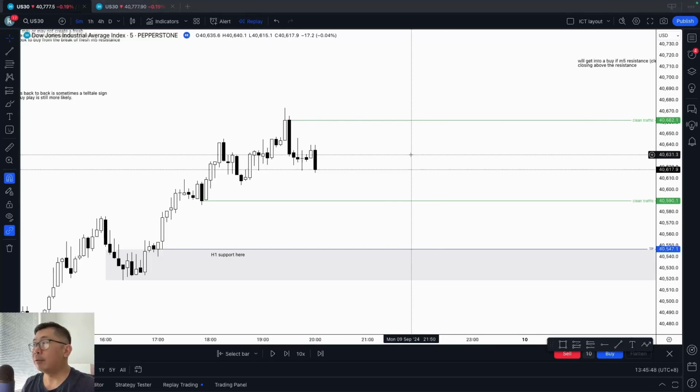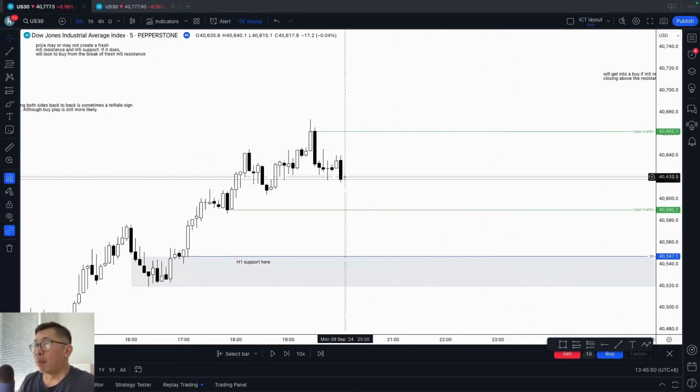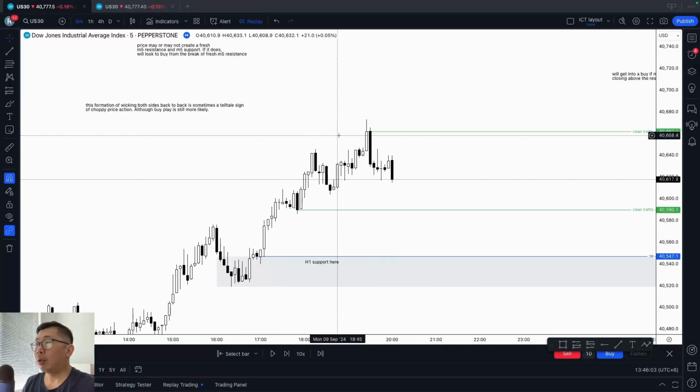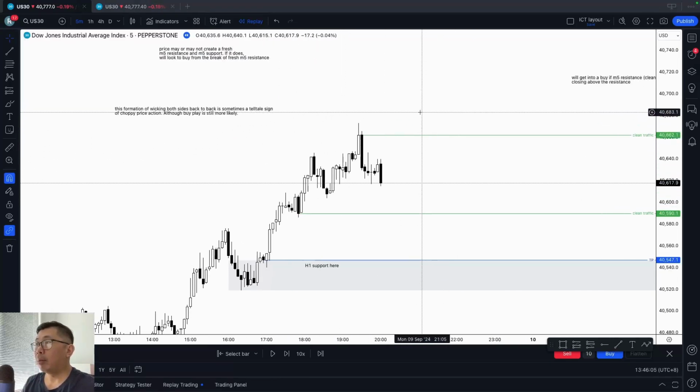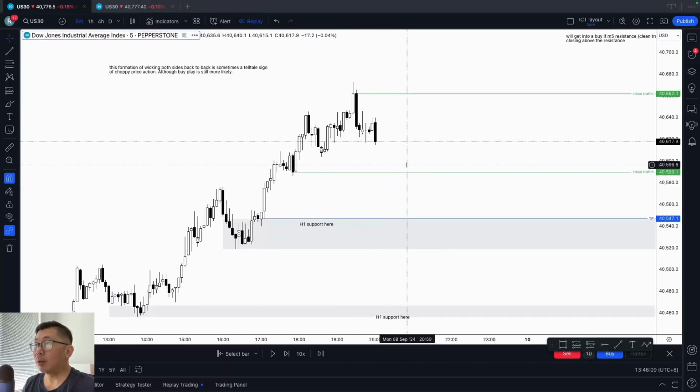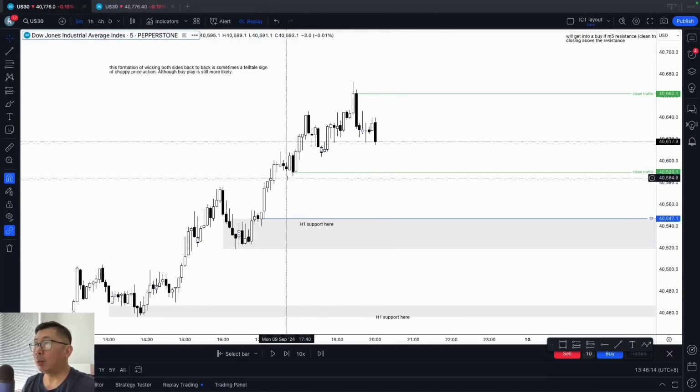Okay, so this is the 5 minutes. Right, so this candle here marks the New York Open, guys. All right, so price is still within this range. Okay, and I said I will look into a buy when price breaks this 5 minute resistance, and I'll look into a short position if price breaks this support, right?